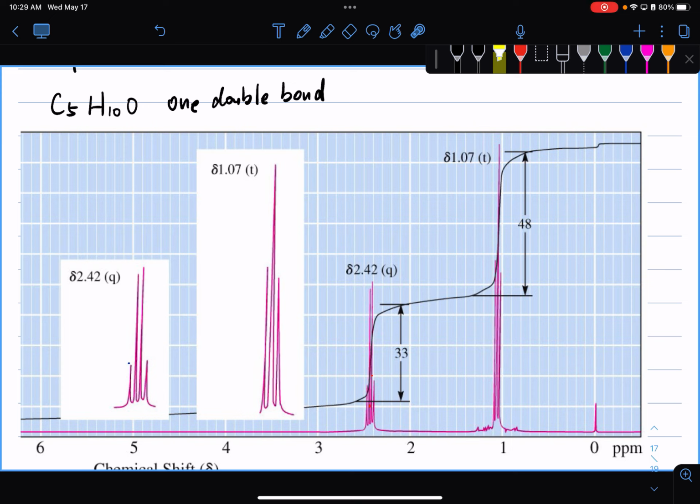All right, so we are only having 2 different types of hydrogen atoms that are not chemically equivalent to each other. So this is telling us our molecule is a relatively symmetric molecule, if you have that in mind, because my hydrogen atoms are pretty equivalent to each other.